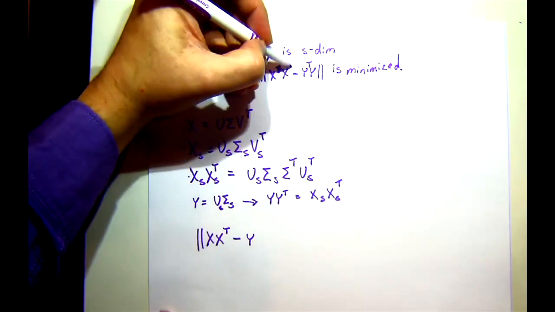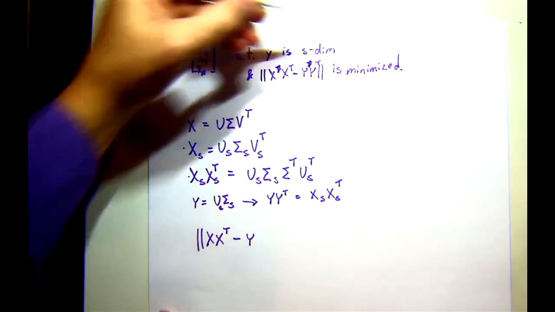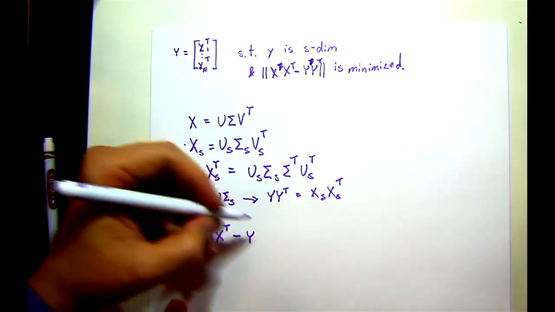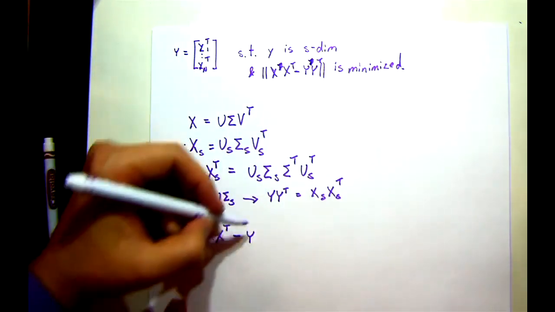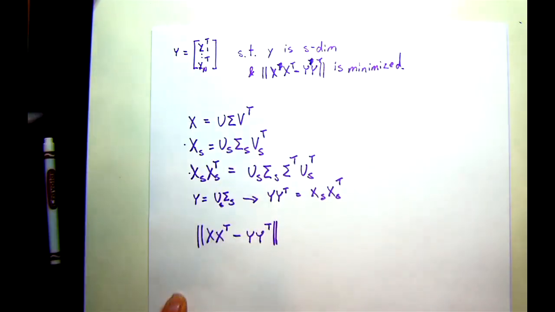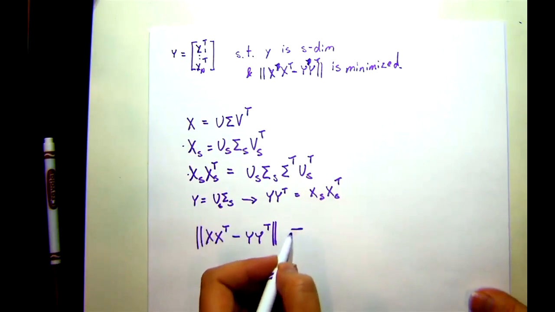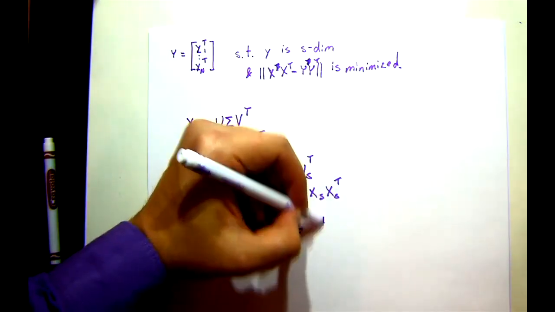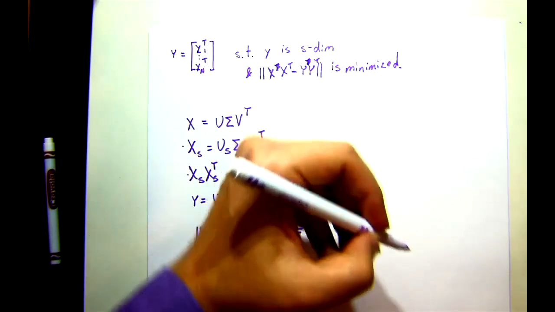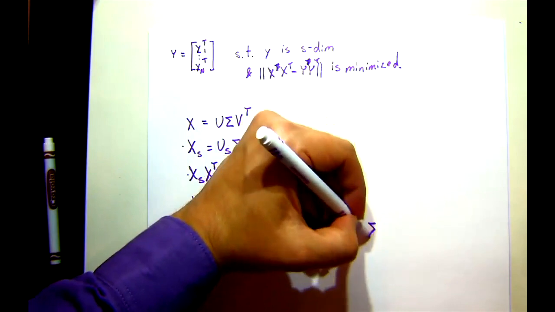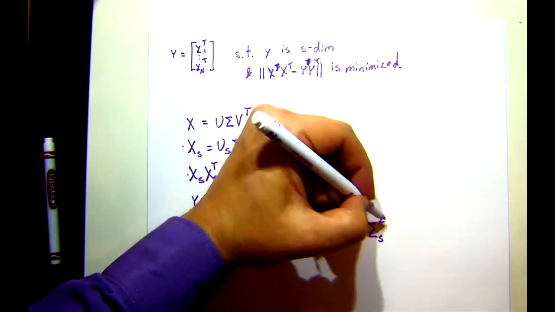These are supposed to be this. I apologize for that. That's why my math was coming out incorrectly. Y Y^T, this is, again, what we wanted to minimize. This is actually equal to the distance between the original sigma squared and the sigma_S squared.